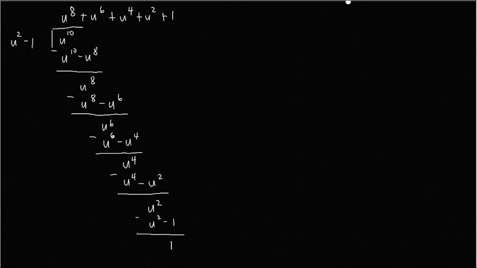So we have here a 0 minus negative 1, which is 1. So therefore, we can conclude that u raised to 10 divided by u squared minus 1 is equal to u raised to 8 plus u raised to 6 plus u raised to 4 plus u squared plus 1 plus 1 over u squared minus 1. Right.